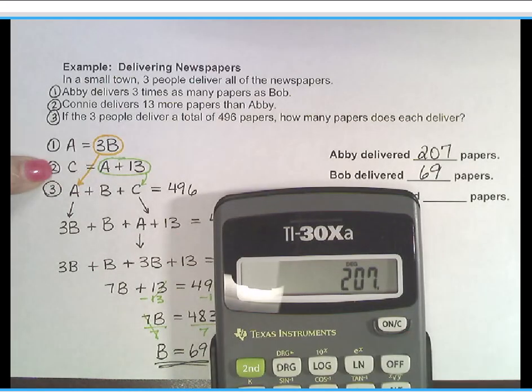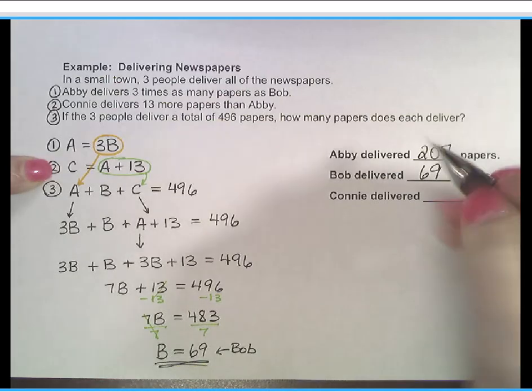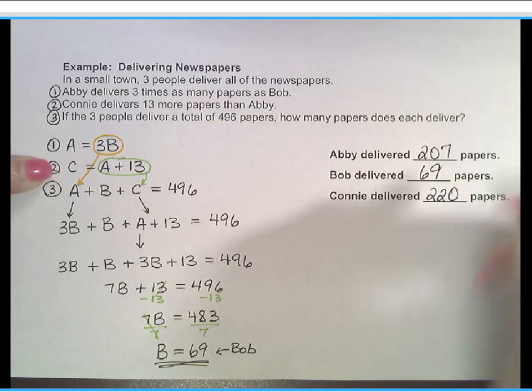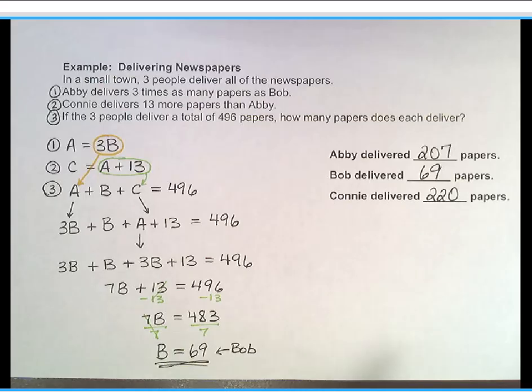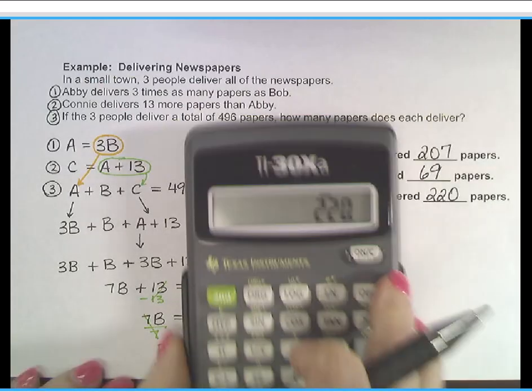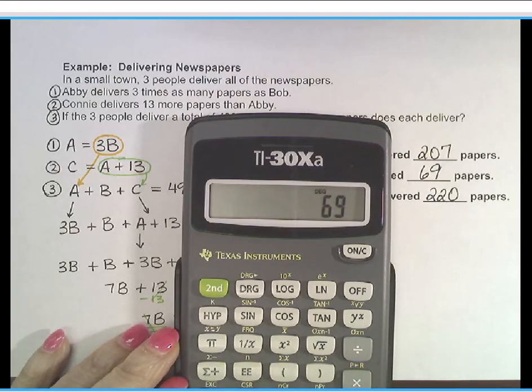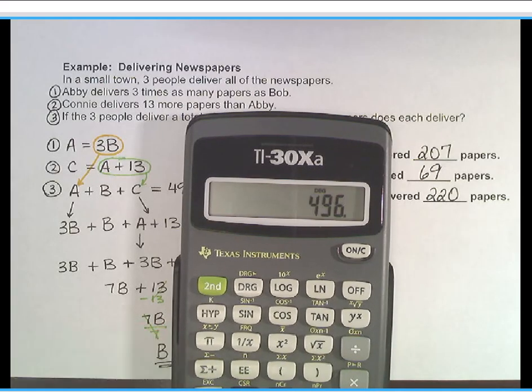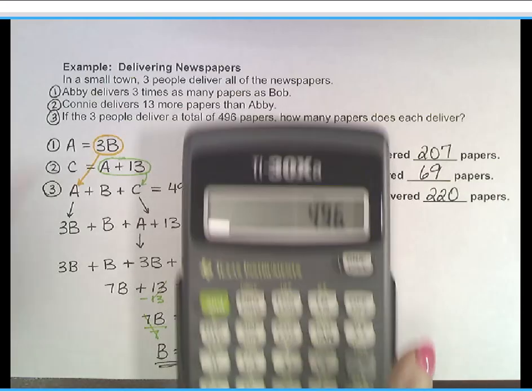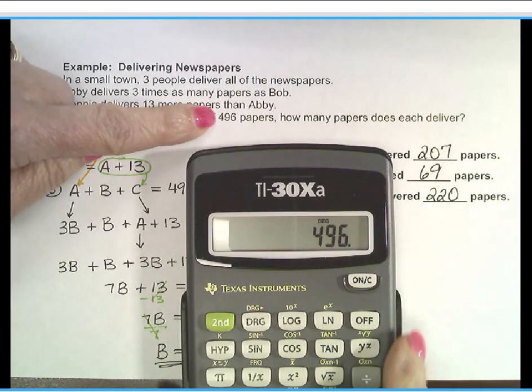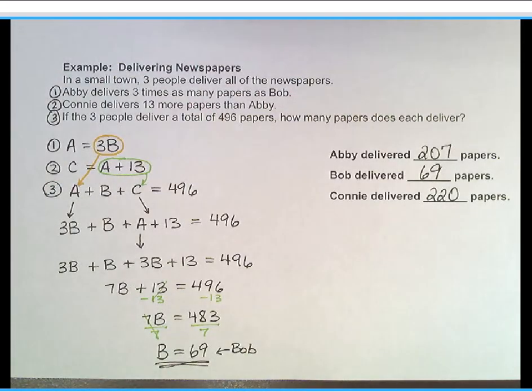So there's Abby, 207, add 13. You'll get 220. And how you can check your answer is you can add up the papers here. We got 207 plus 69 plus 220. 496. They said they all delivered 496. So that means we probably have it right.